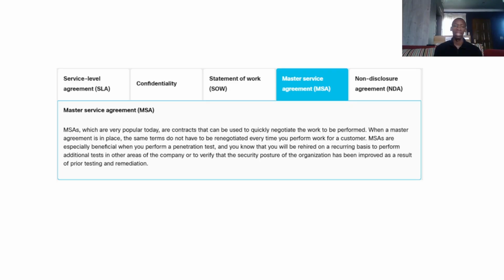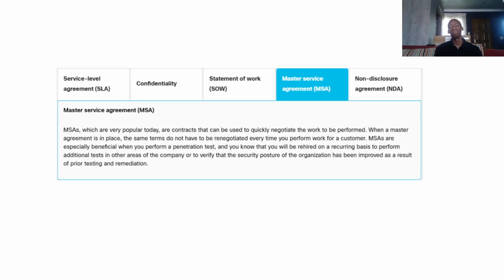Master service agreements are especially beneficial when you perform a pen test and you know that you'll be rehired on a recurring basis to perform additional tests in other areas of the company, or to verify that the security posture of the organization has been improved as a result of prior testing and remediation.